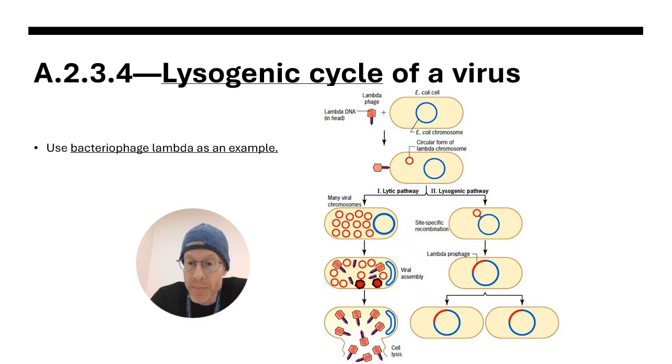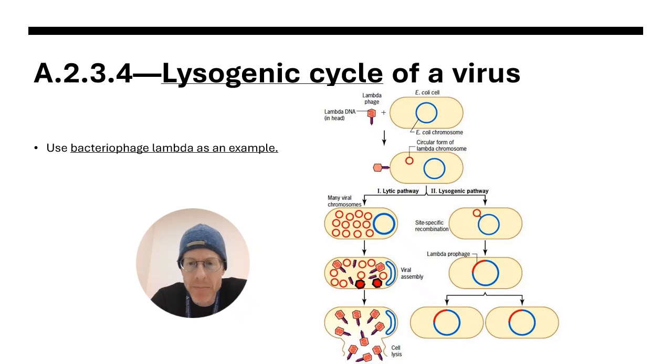And whenever the bacteria then divide, in bacteria it's called binary fission, they make a copy of their DNA, and in doing so they also copy the viral DNA because it is inserted in their genome. And so in this way the viral DNA gets replicated even though it's not used to create new viruses.